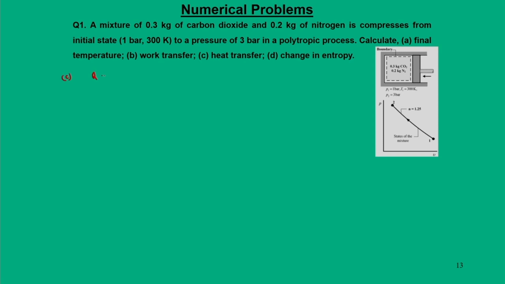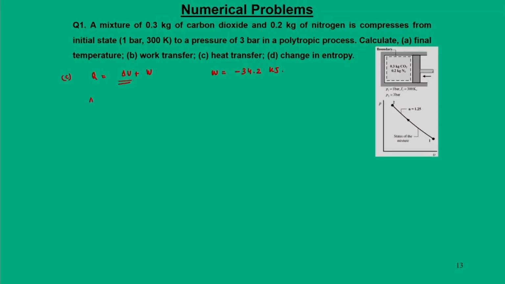You can write Q is equal to delta U plus W. W from our previous calculation is minus 34.2 kilojoule. To calculate delta U, we need the information for the mixture at its initial and final states. So, let us see how to evaluate delta U.